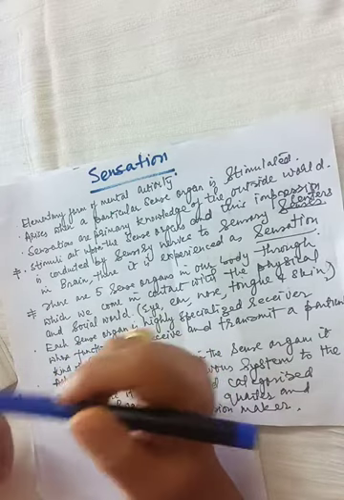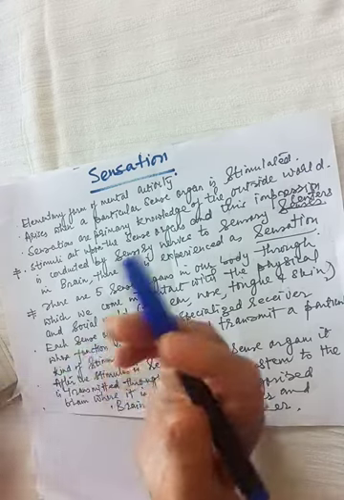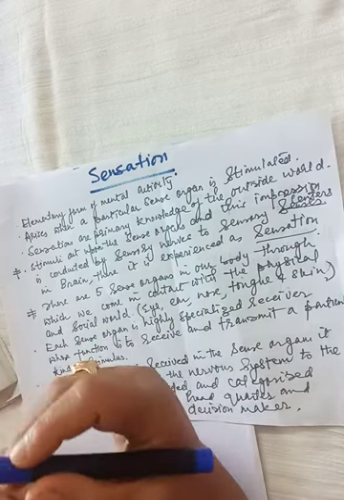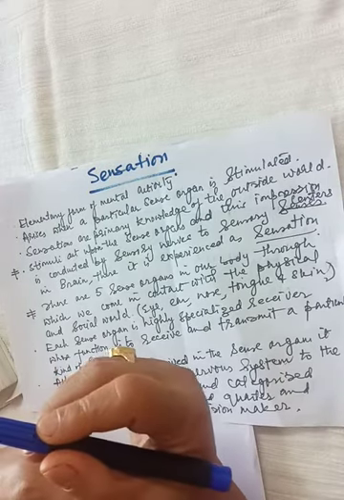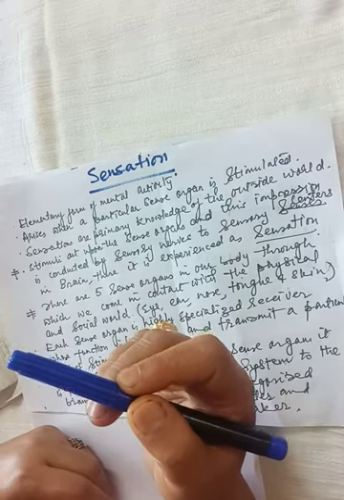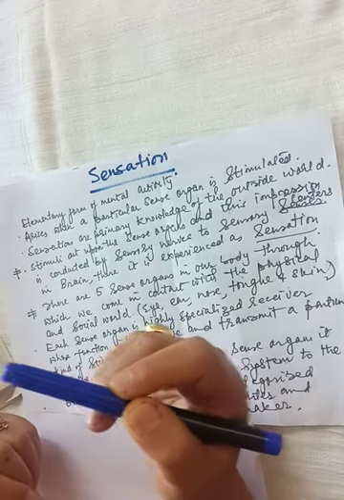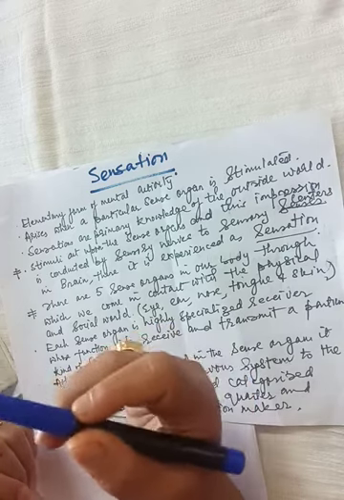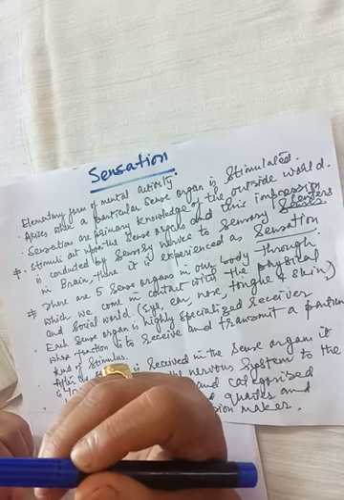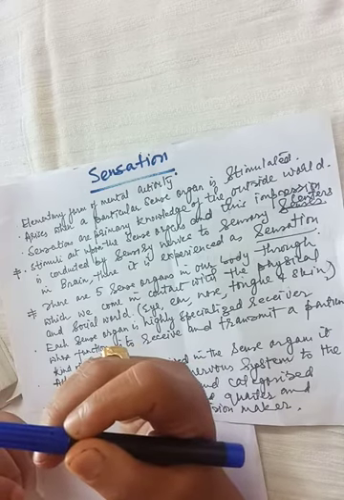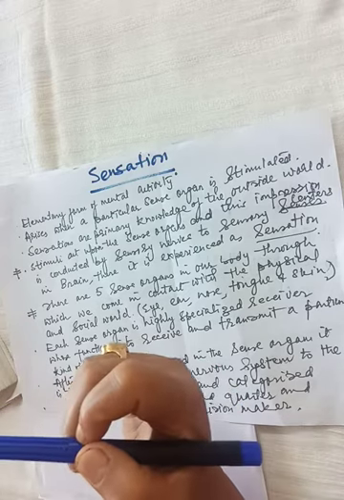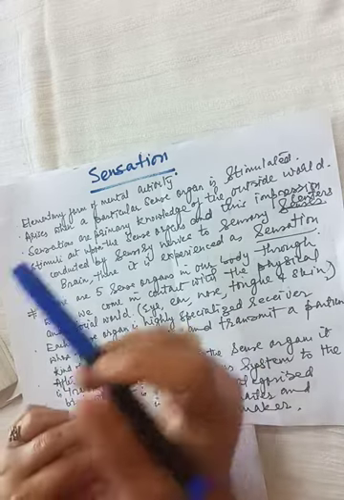So whenever there is some stimulus outside in the environment that stimulates or excites our sense organ, the first impression regarding that stimulus which we get in our brain is sensation. The first experience, the first feeling of something going on around us is sensation.